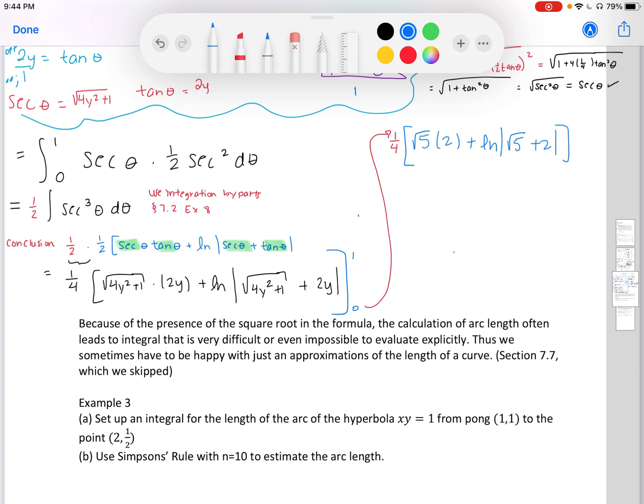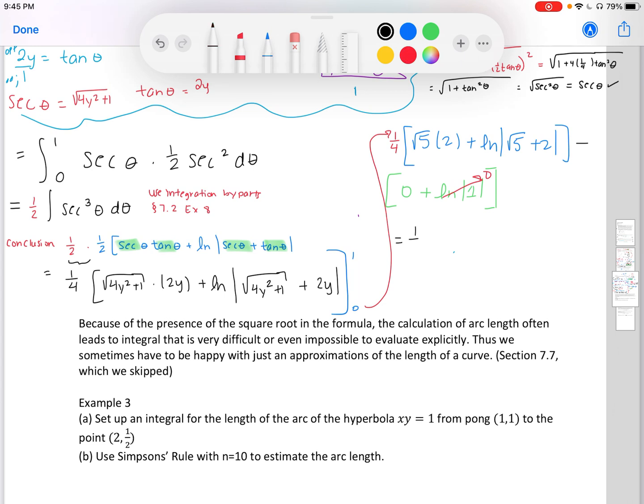That's our first one. Minus, when we plug in 0, we get 0 plus the ln of 1, and the ln of 1 just gives us 0.